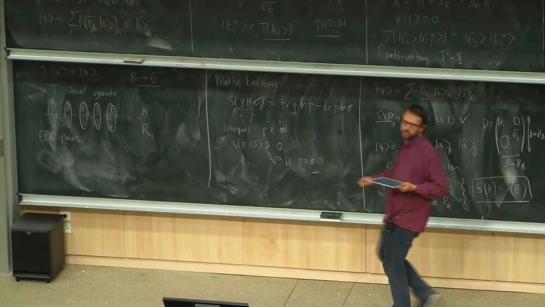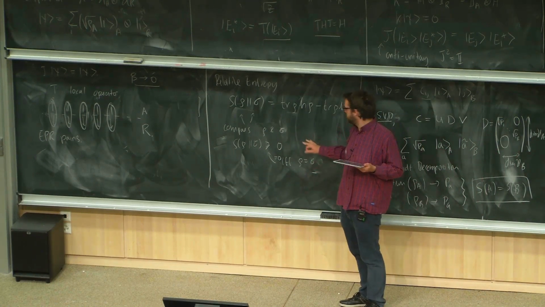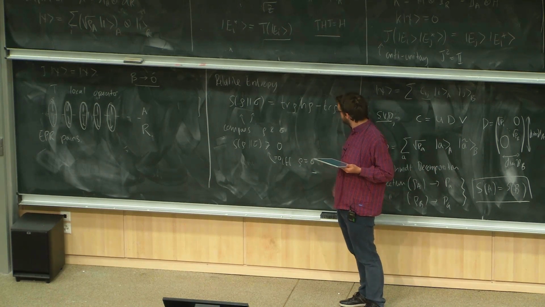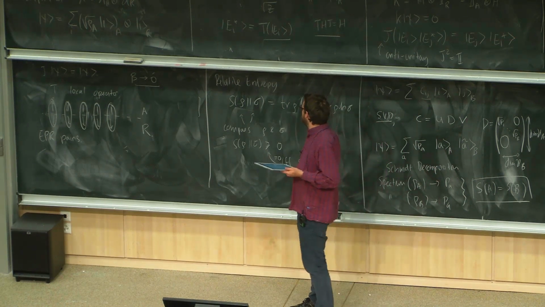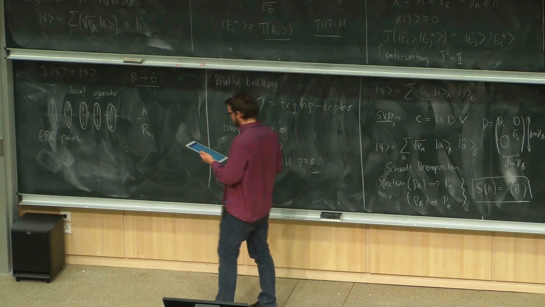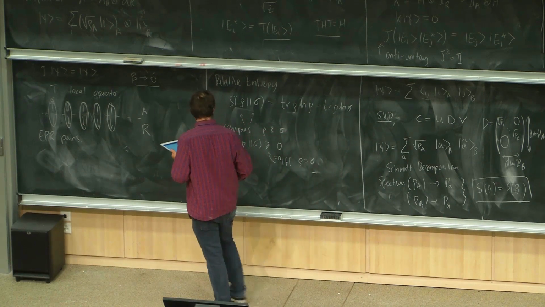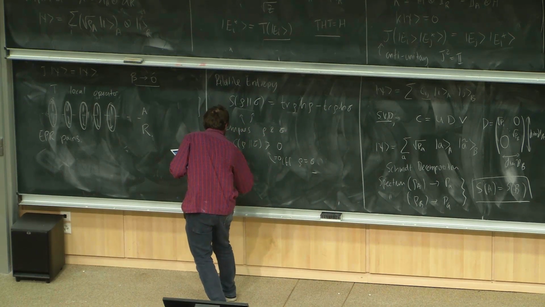That gives you some notion that it's comparing two density matrices. It only vanishes if they're the same, and it's positive. But really, there are better ways to say it. There's the notion of hypothesis testing.